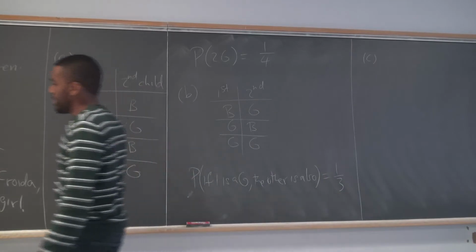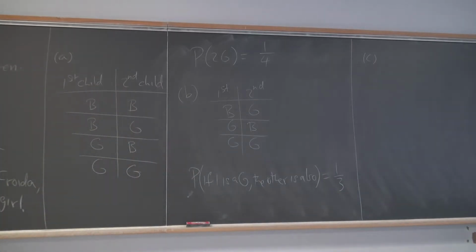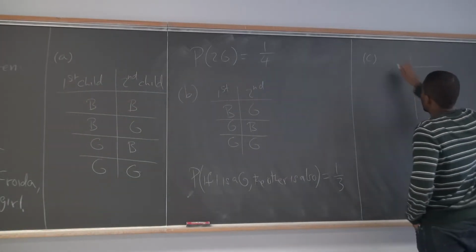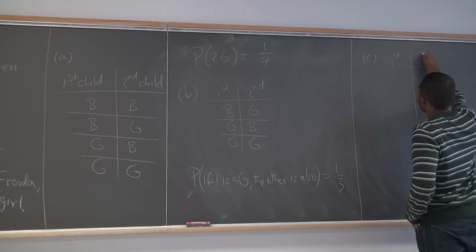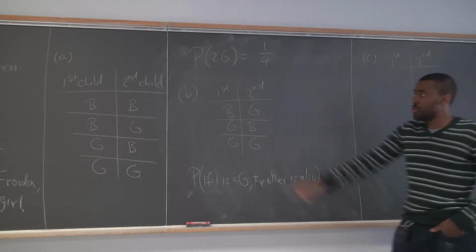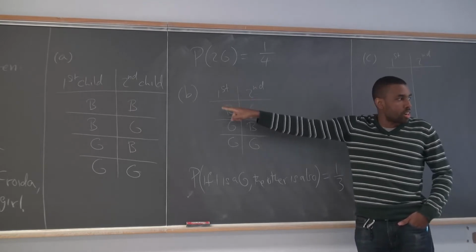What about the third case? So we know the older child is a girl named Freuda. Right? What's the probability that the second one is a girl? So now what are the total possibilities? Now there are only 2 possibilities because we know that the first child has to be a girl.